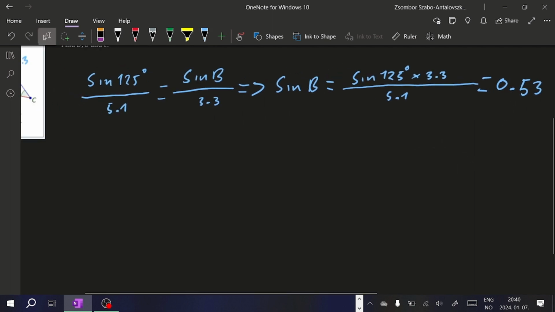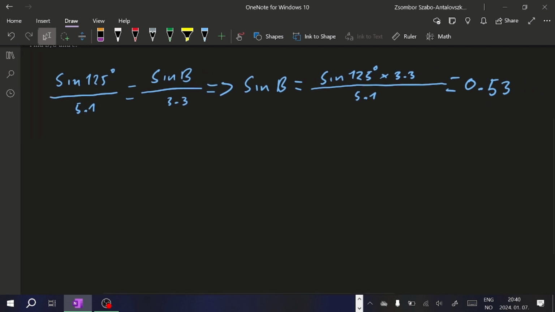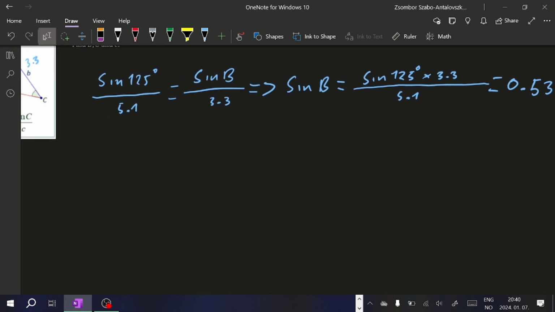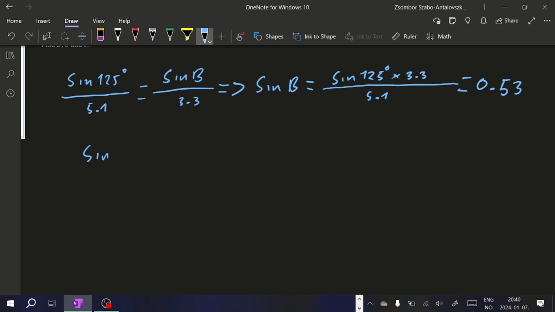But we're not done, because this is not the angle, this is the sine of B. So what we need to do is use inverse sine of 0.53, and make sure your calculator is in degree mode and not radian or gradient, because then it's not going to give you the right answer.